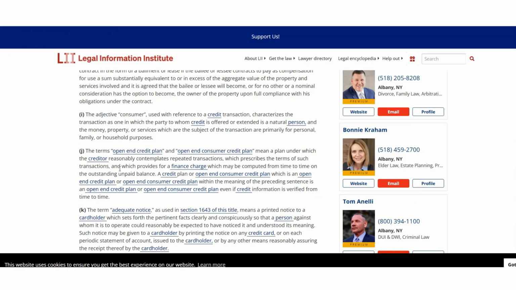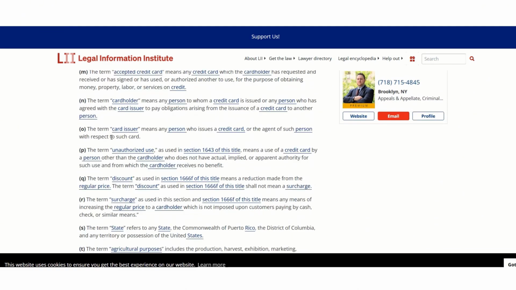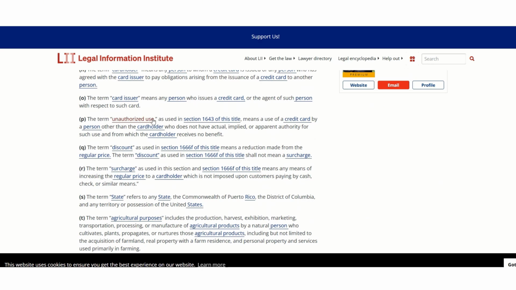This will also be unauthorized use, right? The term unauthorized use, as used in this section, means a use of a credit card by a person other than the cardholder who does not have actual, implied, or apparent authority for such use, and from which the cardholder received no benefit.